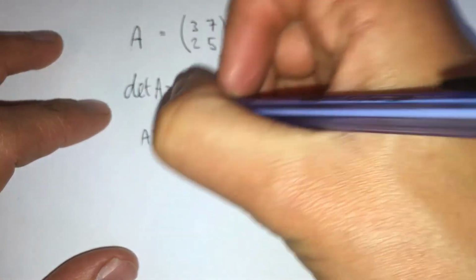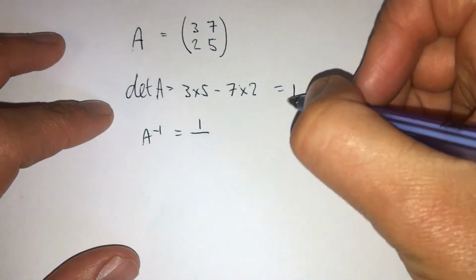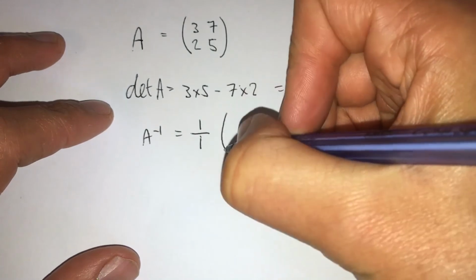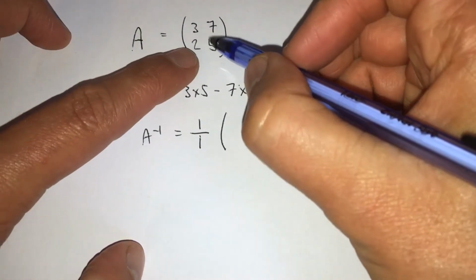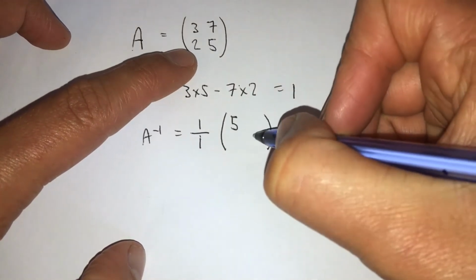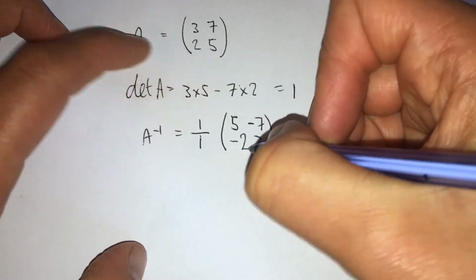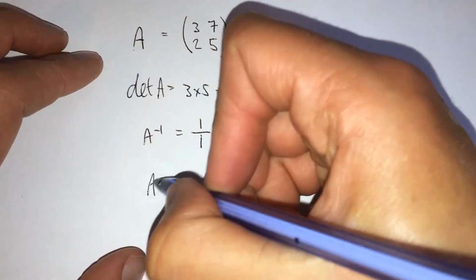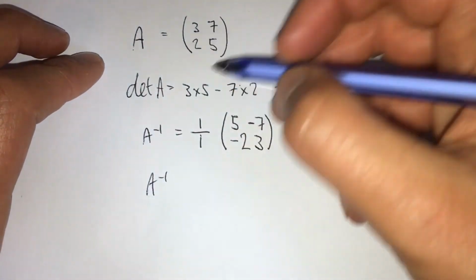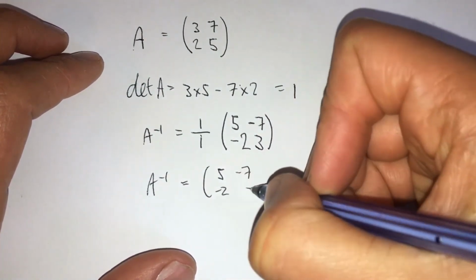And the inverse matrix of A is therefore 1 over the determinant of A, which is 1 over 1, multiplied by the matrix with A and D interchanged, so that becomes 5 and that becomes 3, and we have a negative B and a negative C. So final answer, the inverse matrix for our A up here is 5, negative 7, negative 2, 3.